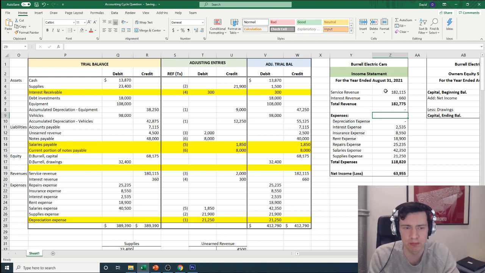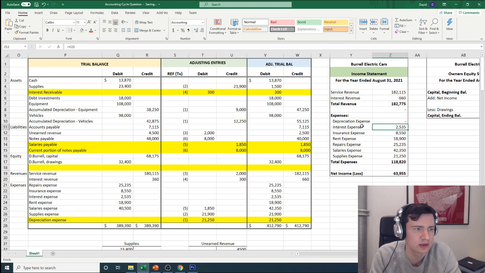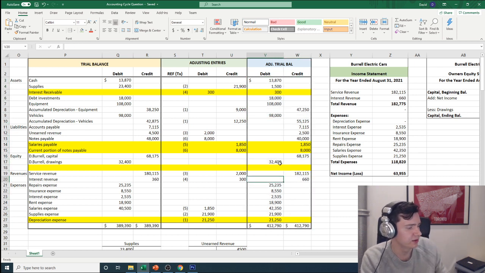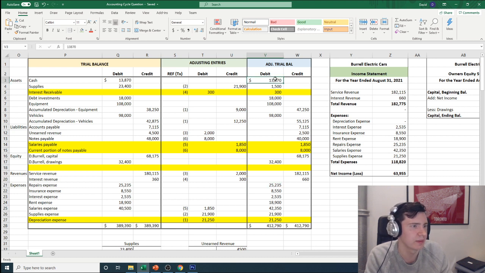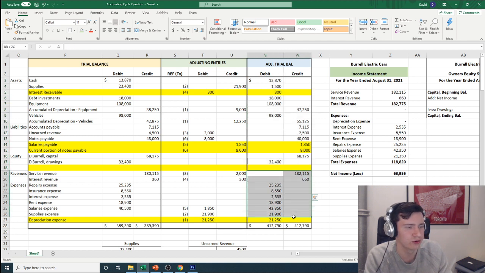The way we prepared this is by taking all of the revenue accounts and all the expense accounts from the adjusted trial balance. And remember that the trial balance and the adjusted trial balance list the accounts from assets to liabilities to equity and then revenue and expenses. So we just need to look at the end to formulate our income statement.